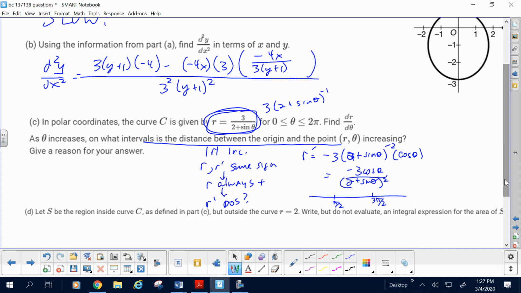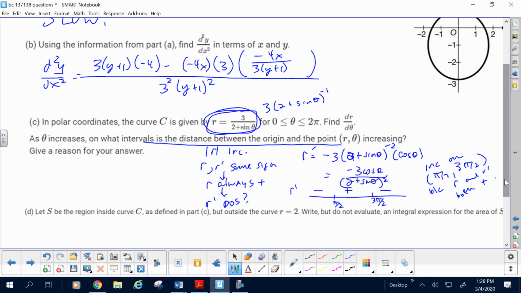And then the question is, what about the signs? R prime is negative, positive, negative. So I said the distance is increasing on pi over 2 to 3 pi over 2, because R and R prime are both positive. Follow?